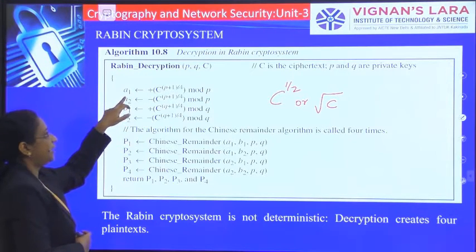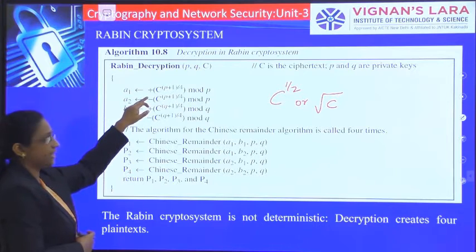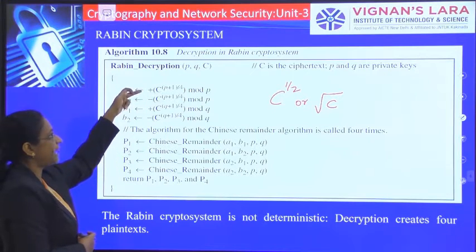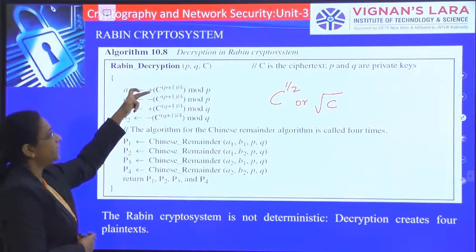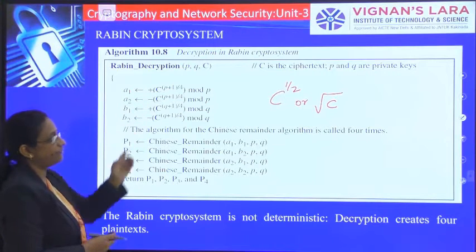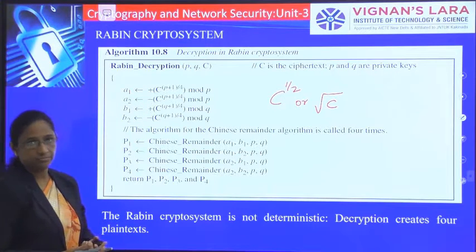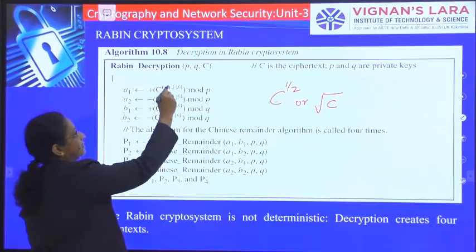Where a1 implies plus, since it is a square root we have a plus form and a minus form: C to the power of (P plus 1) by 4 mod P, where P is our private key.